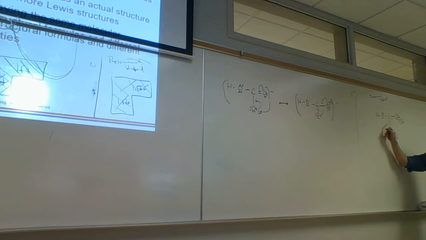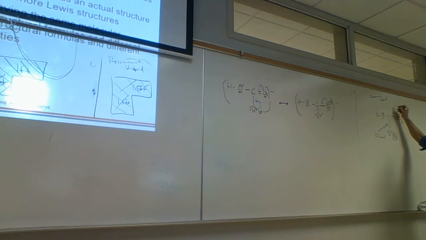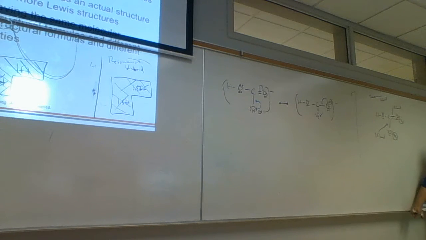Both bonds are going to be exactly the same, a 1.5 bond, or 1 1/2 bond. And so the electron cloud just smears out, or delocalizes, over this portion of the ion. Still, the net charge is the same: -1/2 plus -1/2 gives us -1. And so this would be the resonance hybrid.